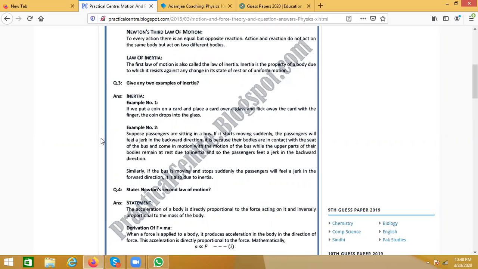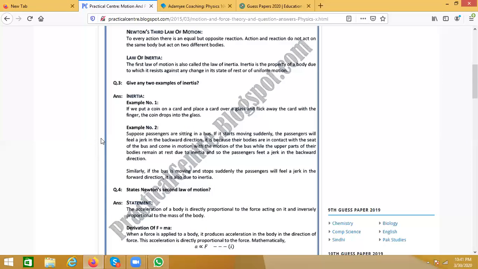This is because of inertia. Another example is passengers sitting in a bus. If it starts moving suddenly, the passenger will feel a jerk backward, right? So these are some of the basic examples of inertia.